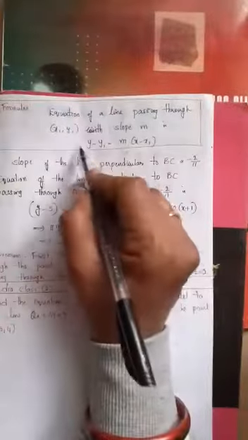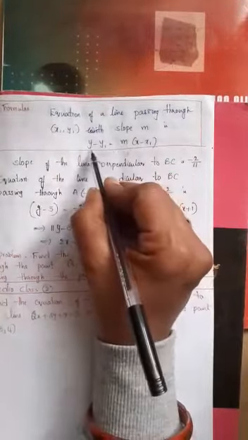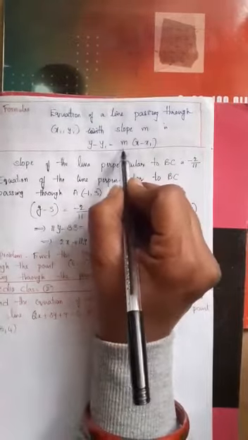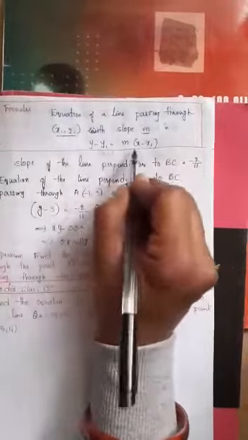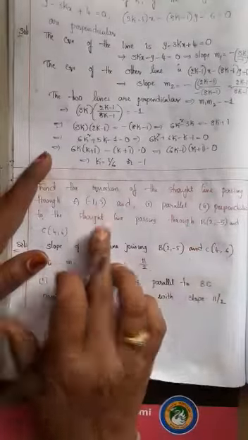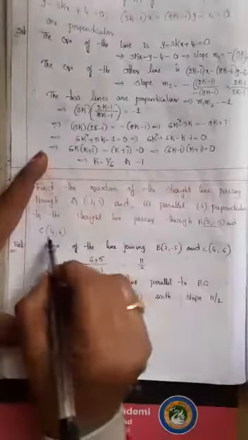So, what we have to find out? If you know a point and slope, then the straight line equation is given by y minus y1 is equal to m into x minus x1. If you know one point and if you know the slope, then you can find the line's equation. Here we are given one point and we need to know the slope of this line.